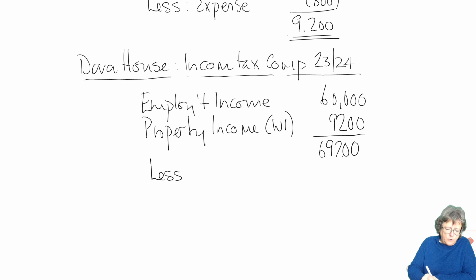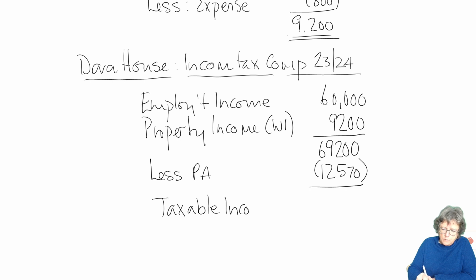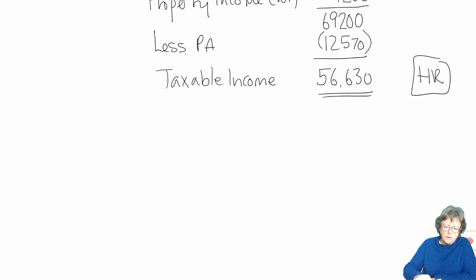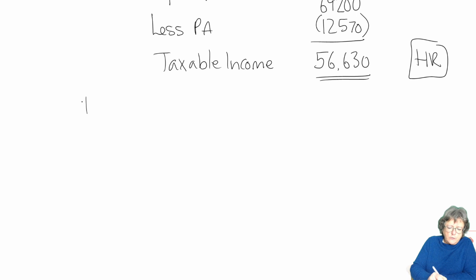She's going to get a full personal allowance because she's below the limit. So this is her taxable income. So she's high rate.